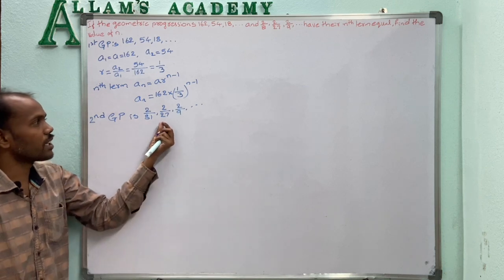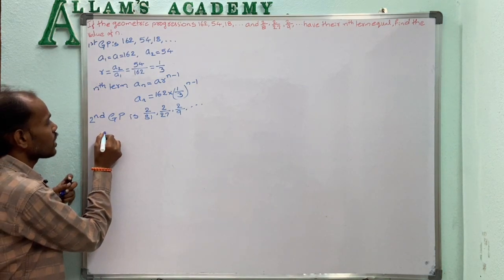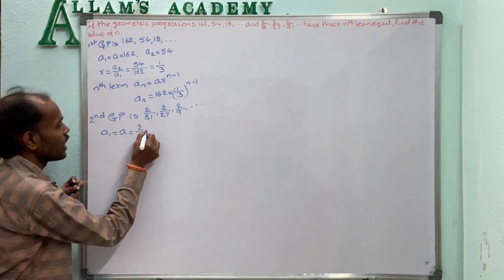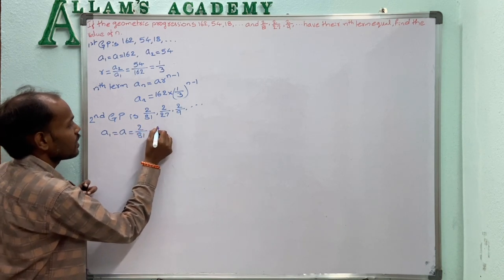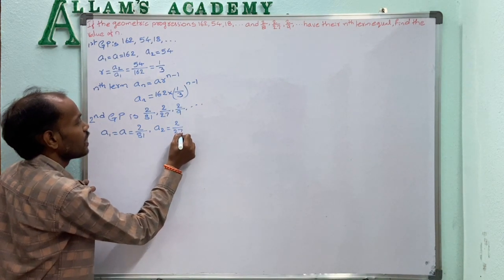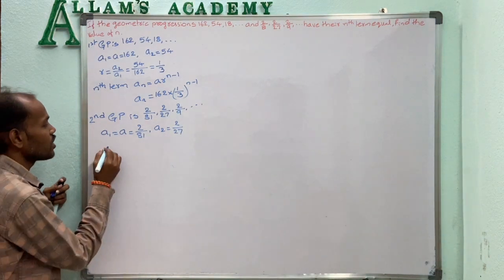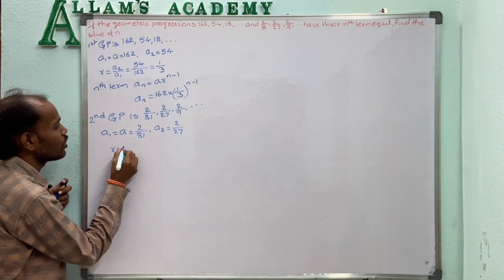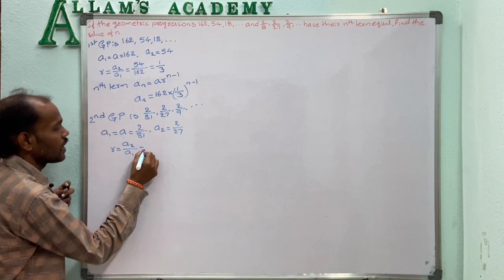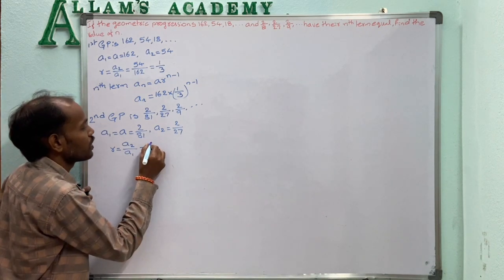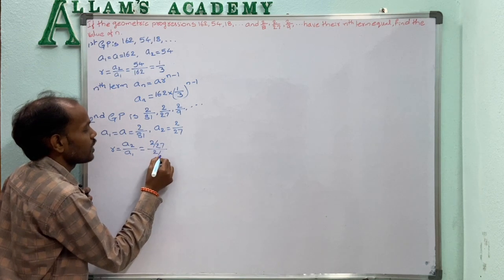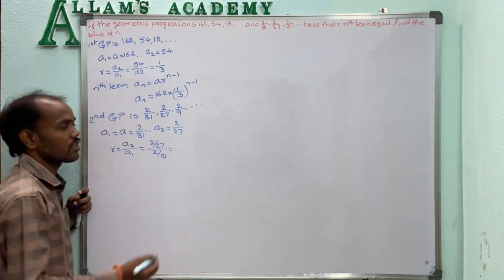In this geometric progression, the first term a1 is equal to a, which is 2/81, and the second term a2 is 2/27. Now the common ratio r is equal to a2 by a1, that is (2/27) by (2/81).